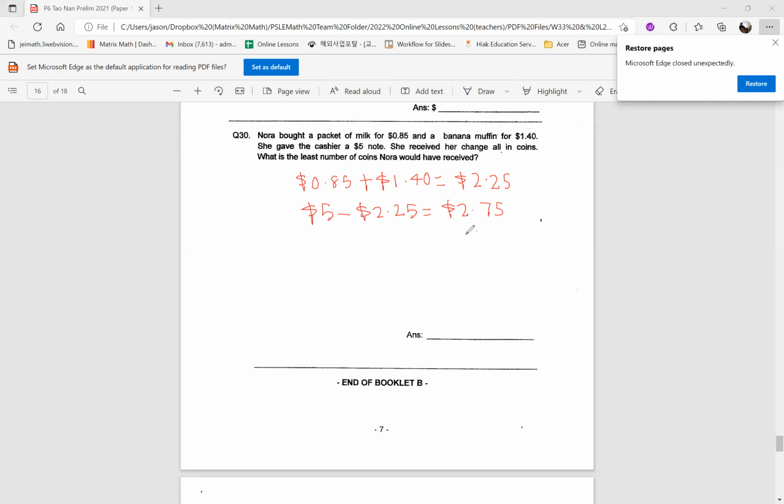Okay. So the largest coin is a $1 coin. So you get two $1 coins first. And that will give you $2. Now it's got 75 cents, right? So the next denomination will be 50 cents. So 1 50-cent coin.